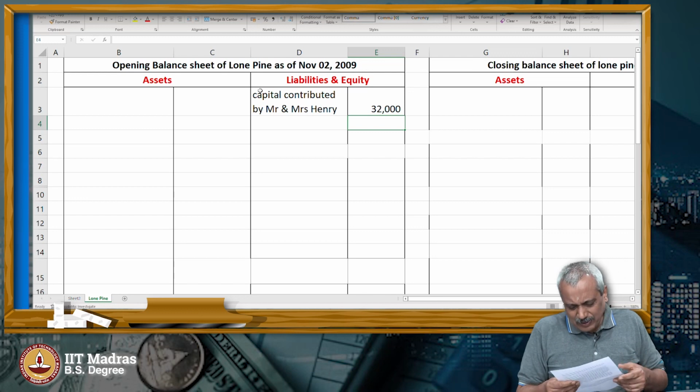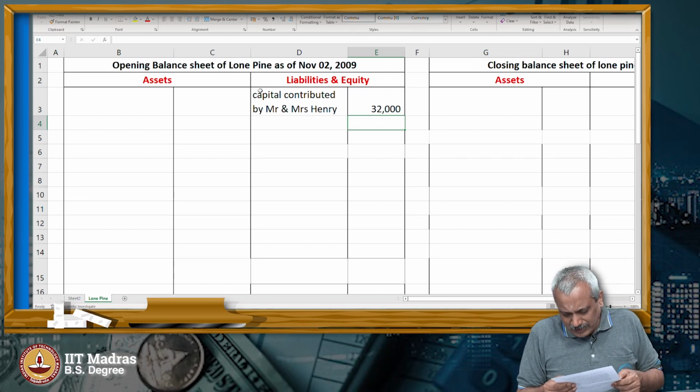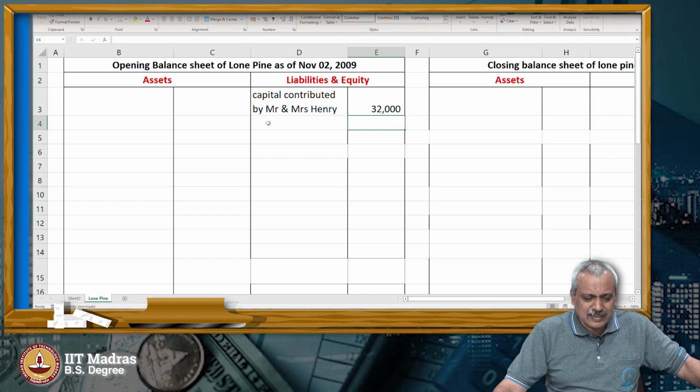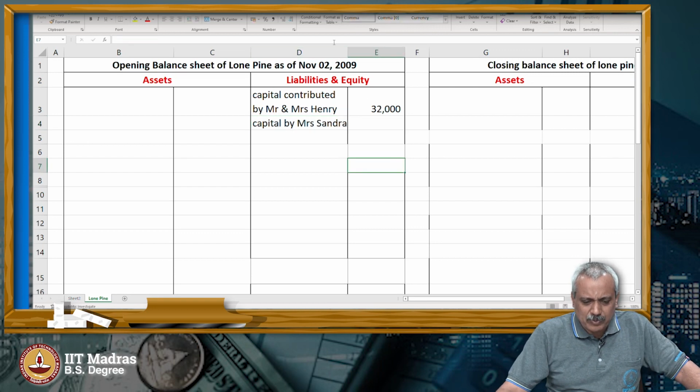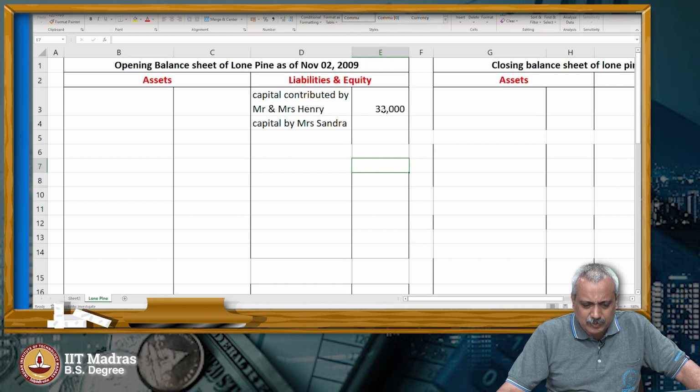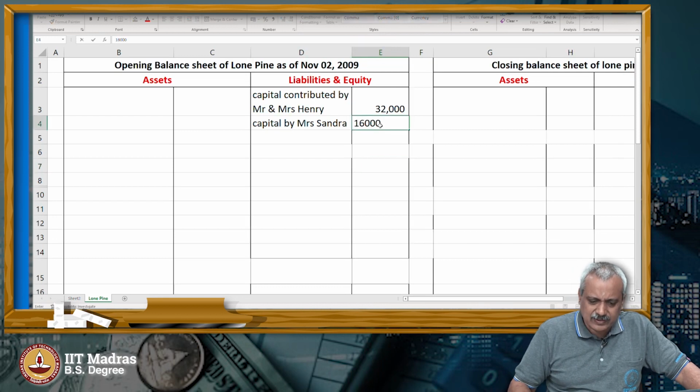Next, the statement also says that there is one more partner, Mrs. Sandra. Capital by Mrs. Sandra: again, she has contributed how much? She has contributed about $16,000 as capital.